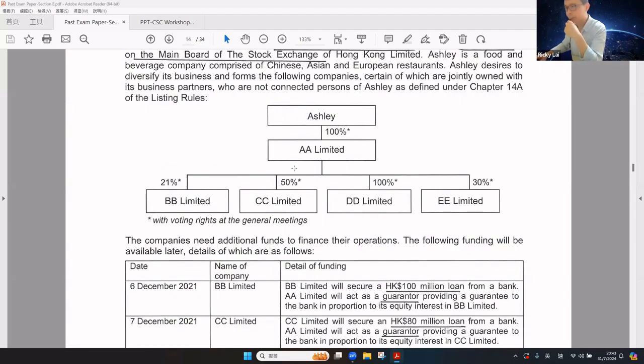So you can see the shareholding in the table here. The listed company directly holds 100% in A, and there are 4 entities under A, including 21% owned B, 50% owned C, 100% owned D, and 30% owned E.